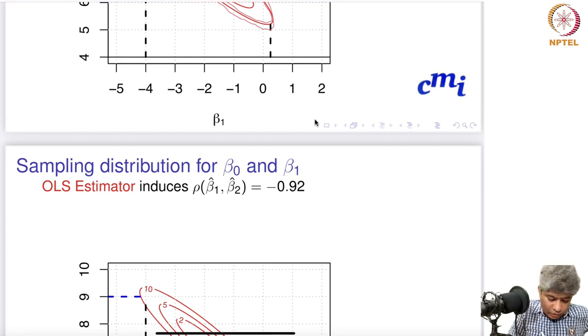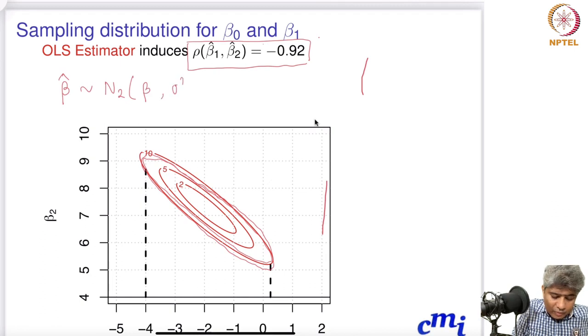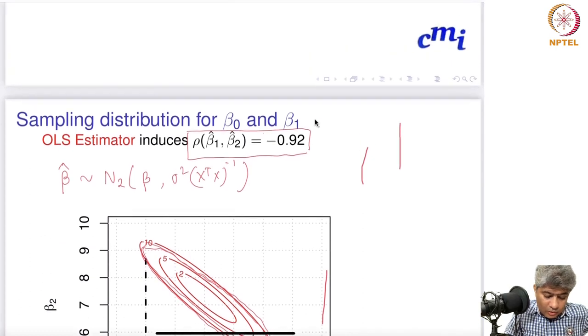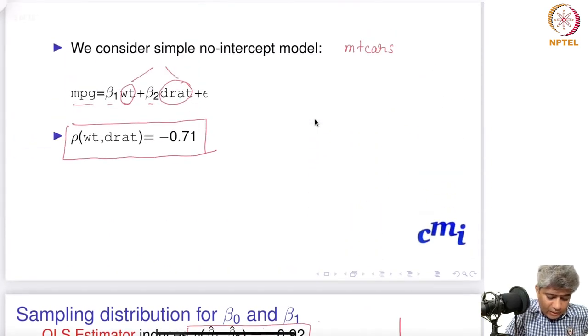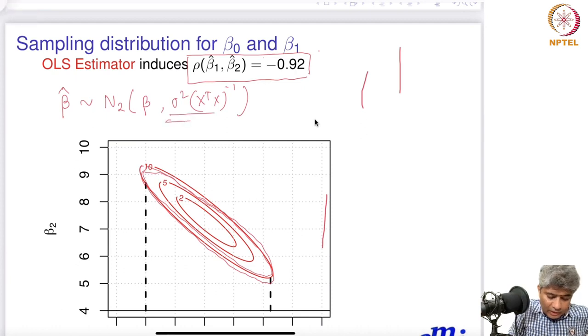Because what is the sampling distribution of β hat? β hat is following a p-variate normal, in this case a 2-variate normal, with mean β and variance σ²(XᵀX)⁻¹. The correlation between weight and rear axle ratio will get reflected in the correlation between the two estimators, of course adjusted for σ².